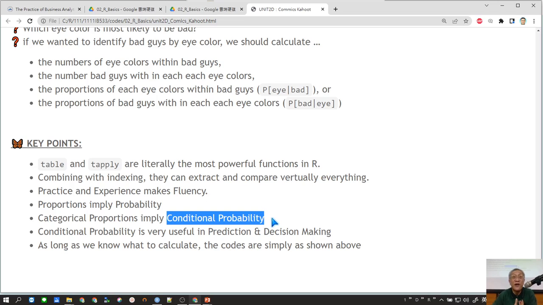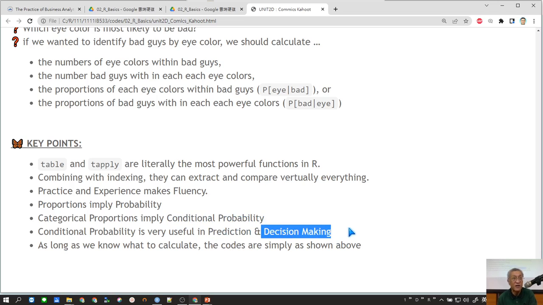So if you are a policeman, you want to identify a bad guy with their eye color, right? So you can use virtually the same thing, right? So it helps us to do prediction and helps us to do decision making.